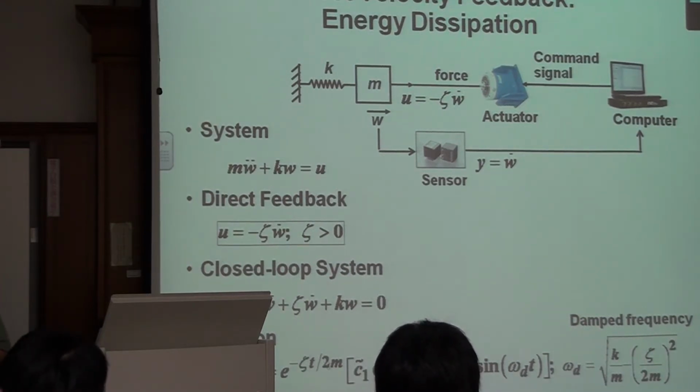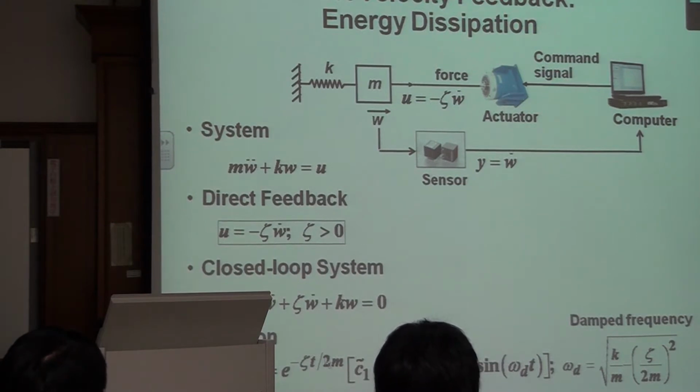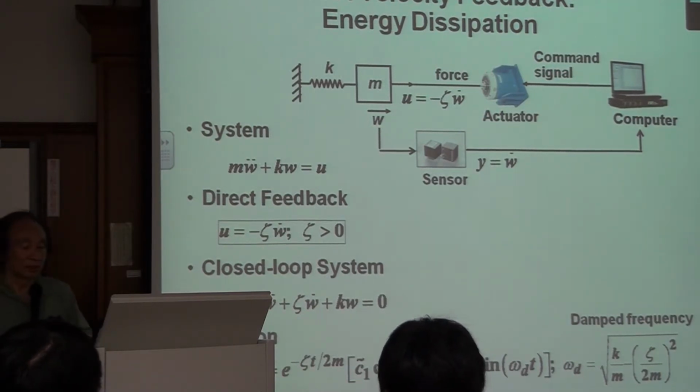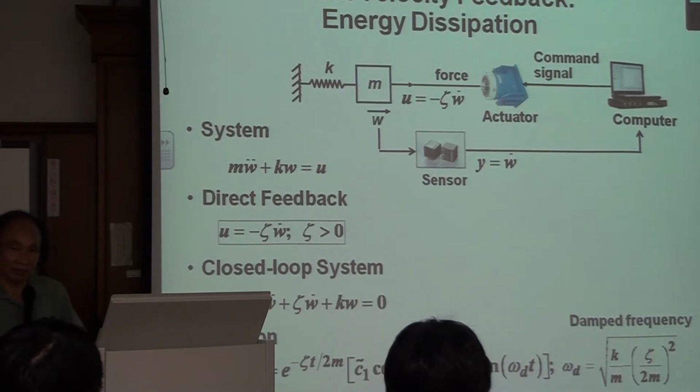That means what? That means if zeta is larger than 0, when t is increasing, then this term will be reducing. So my response will be decaying.